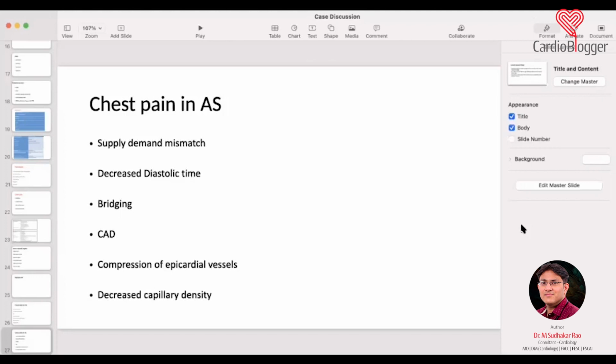Yeah. See, preconditioning is a concept which is mainly based on molecular level. Most of the time we do preconditioning in an acute MI.